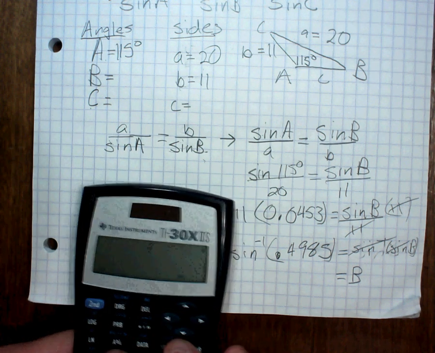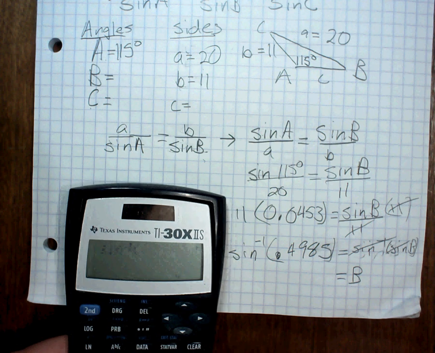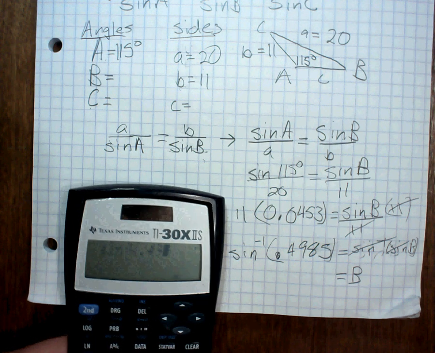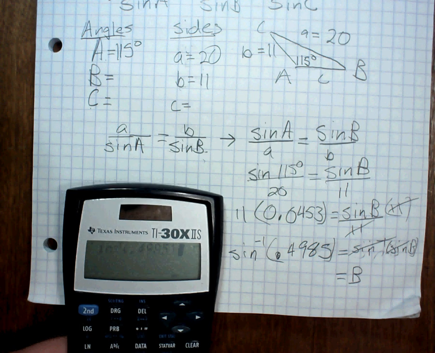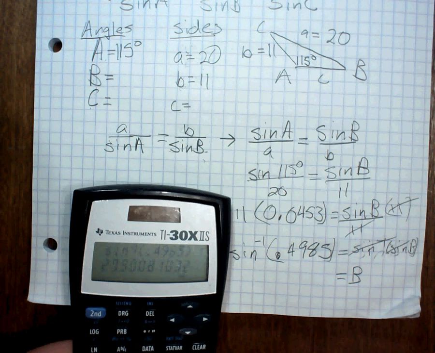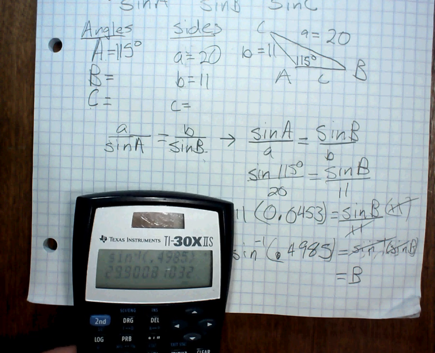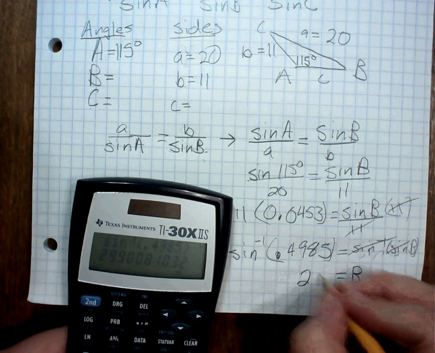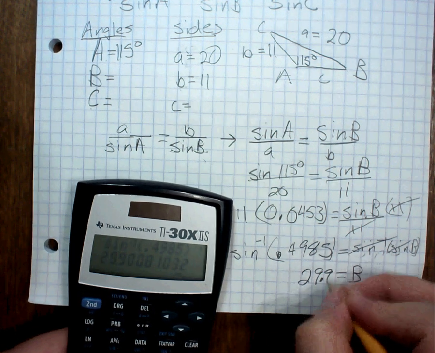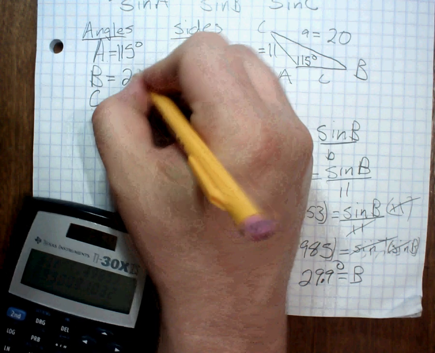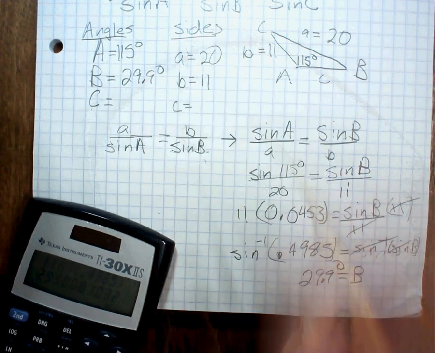Second sine gives me the arc sine, 0.4985, close parentheses. And that gives me that the angle B is approximately 29.9 degrees. Okay, so over here I'm going to put 29.9 degrees.